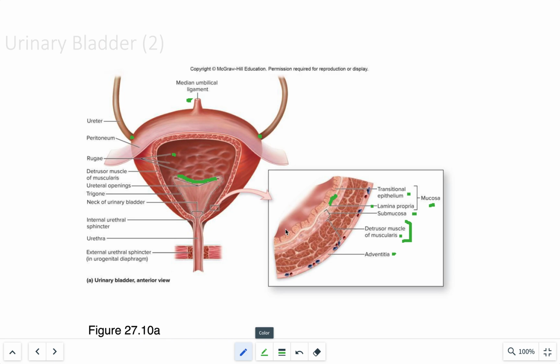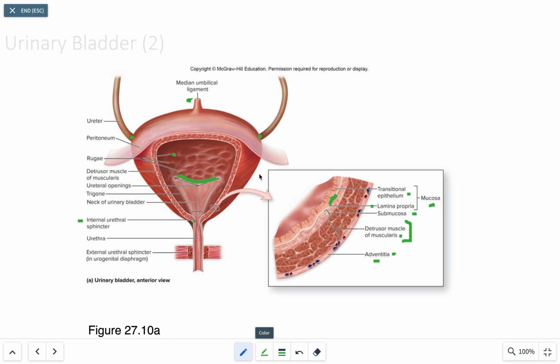And then it also has an internal urethral sphincter here. This is the most inferior portion of the detrusor muscle, and it is an involuntary smooth muscle. And then finally, the adventitia. The adventitia is an areolar connective tissue.